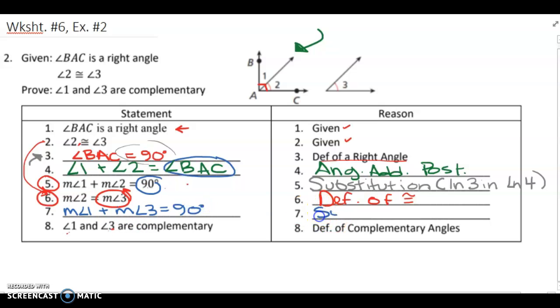And what I did is I substituted line 6 in for line 5. And now because angle 1 plus angle 3 is 90, that means they have to be complementary just by the definition of complementary angles.